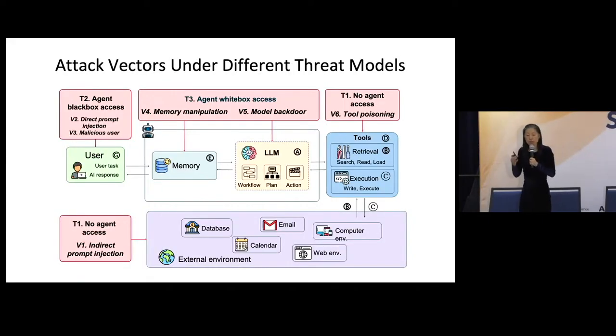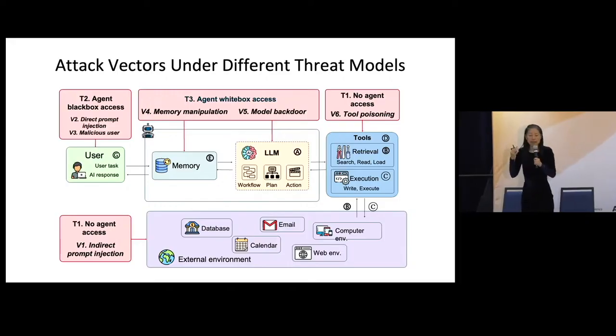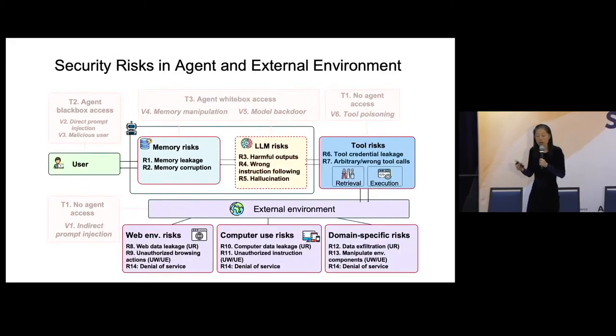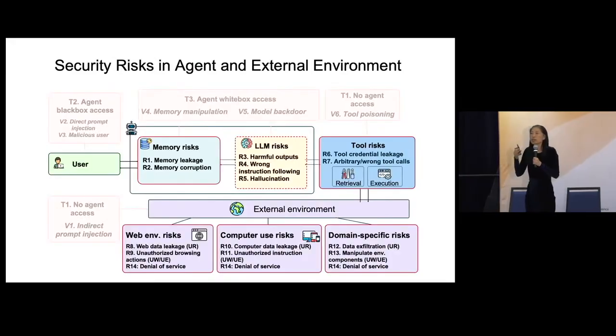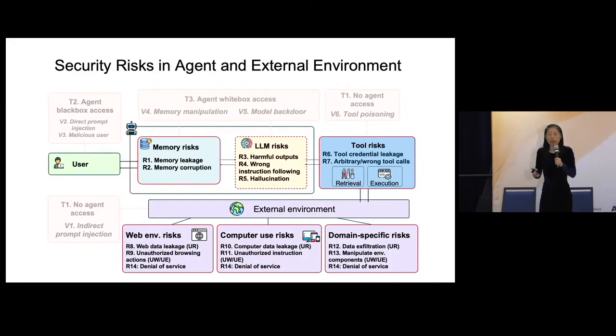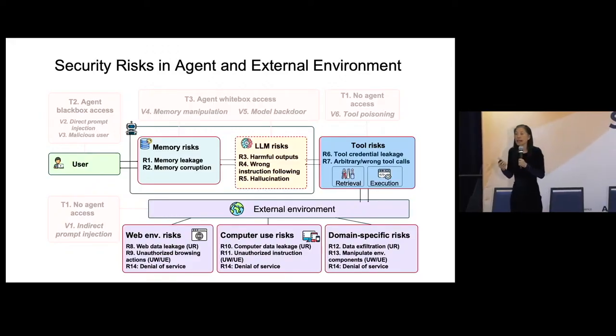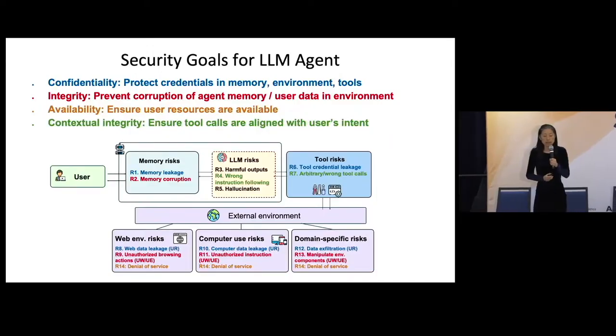And also, there are many different attack vectors under different threat models, depending on whether the attacker has access to the agents or what type of access to the agent's internal and so on. And also the agent's internal systems as well as the environments, they also present different types of vulnerabilities and security risks to make the whole agentic AI security issues even more complex.